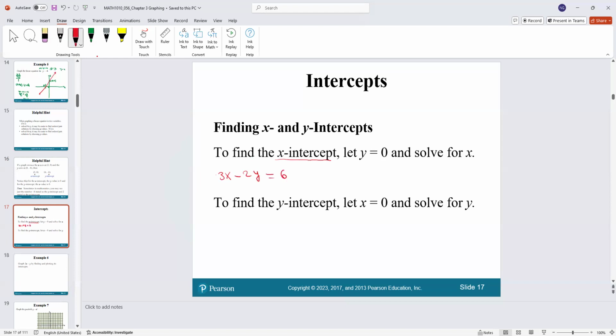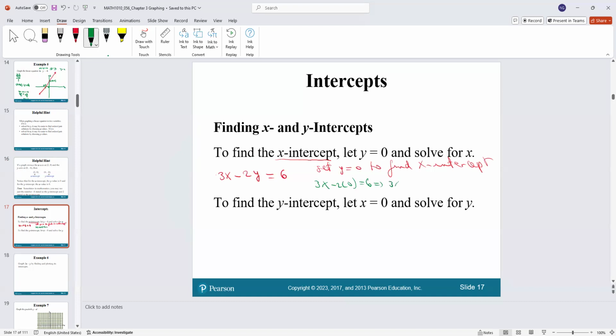To find the x-intercept, set y equal to 0. So that means we need to solve for x. So 3x minus 2 times 0 equals 6. What's going to happen next?